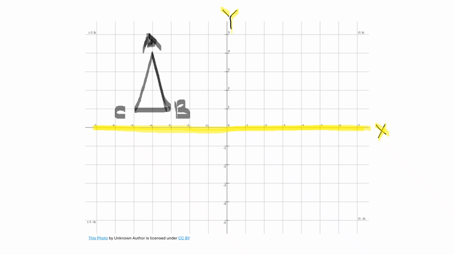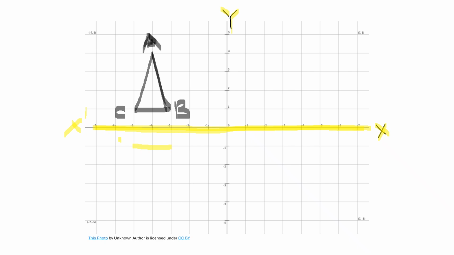So now you know this is my x-axis. So this image is going to be on the opposite of the x-axis. So let's try and draw that very quickly. Now remember, when you are reflecting, whatever is closest to the mirror line will be on the opposite, right?